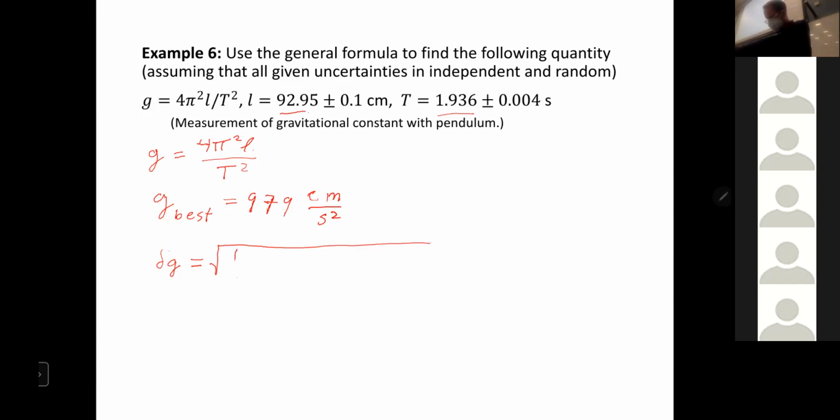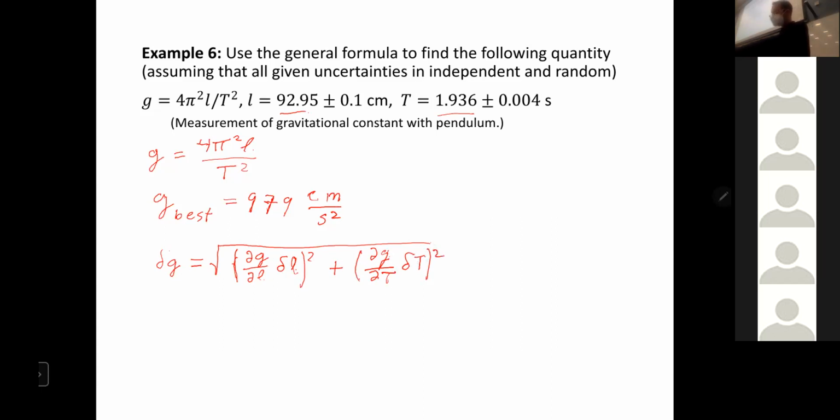First, we want to take the partial derivative of G with respect to L, holding T constant. And we multiply that by the uncertainty in L and take the square. Then we're going to take the partial derivative of G with respect to T, holding L constant, and multiply that by delta T squared. Okay, so this is the formula we're going to use.